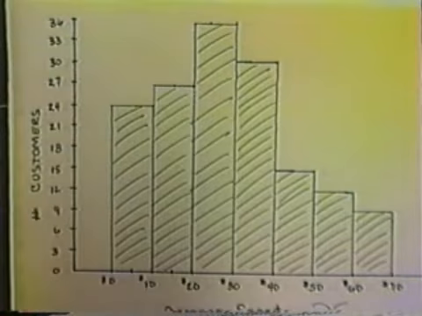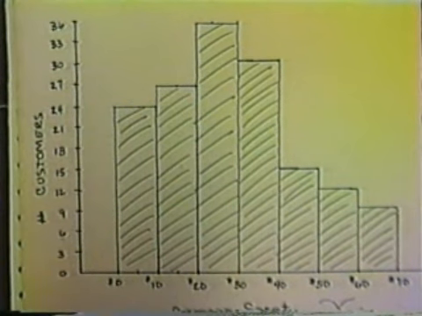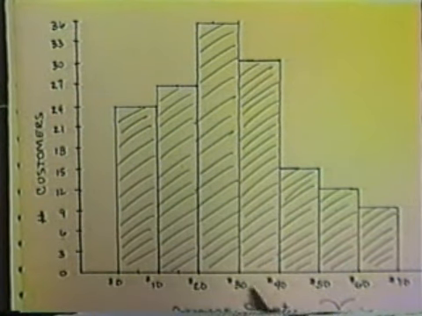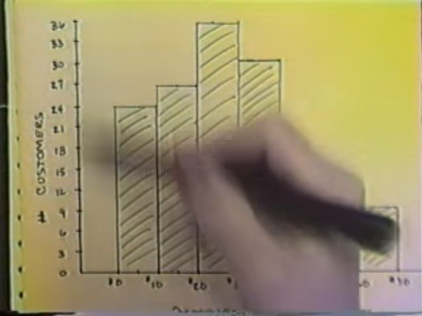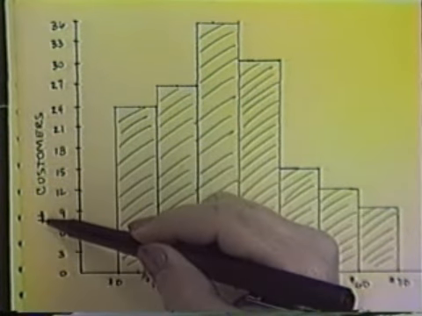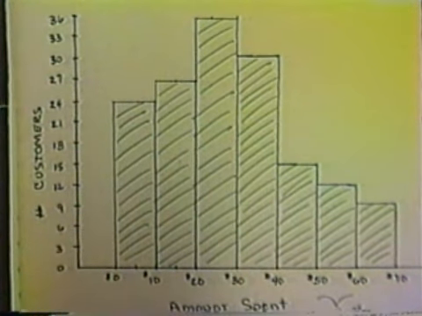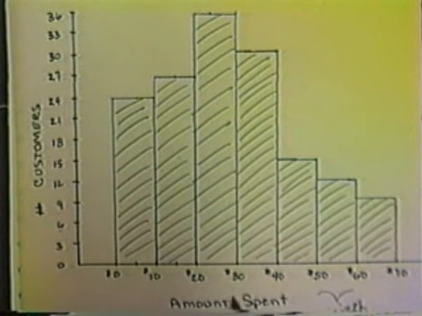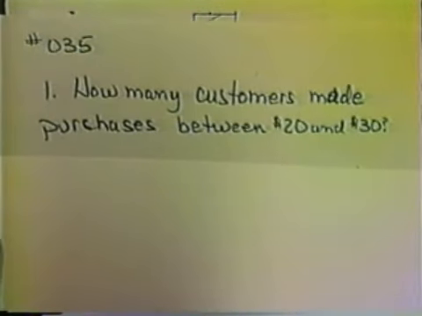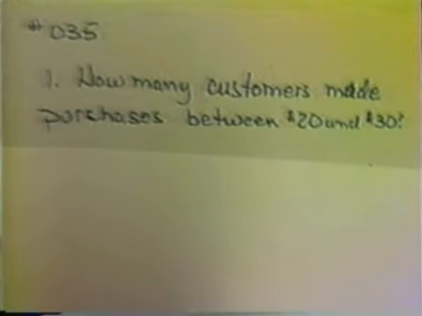So what we're going to do is go to the histogram. Notice this is the range of our money, here is the number of customers, and this is the amount spent. The question is, how many customers made purchases between $20 and $30?